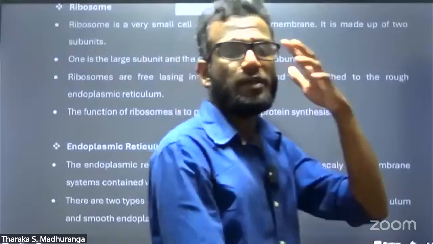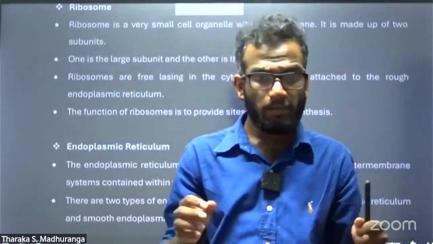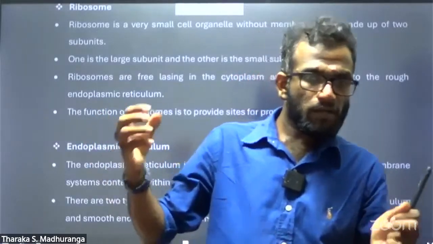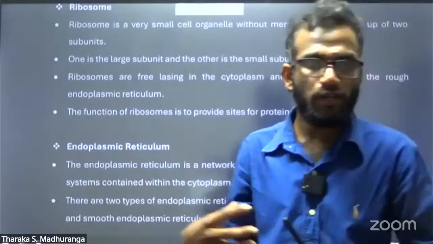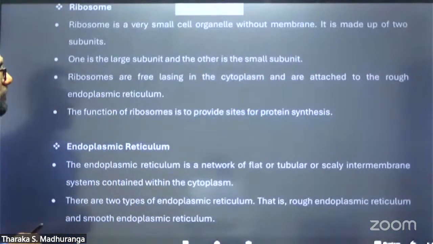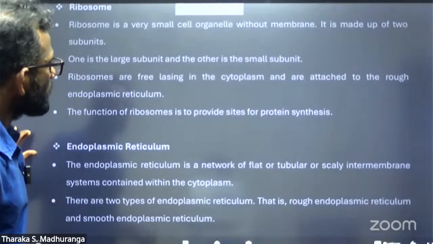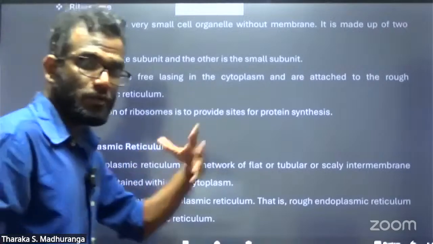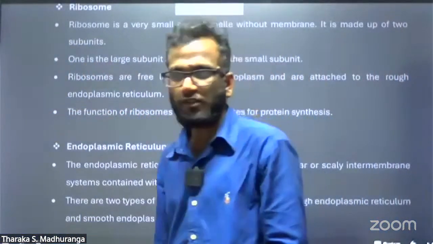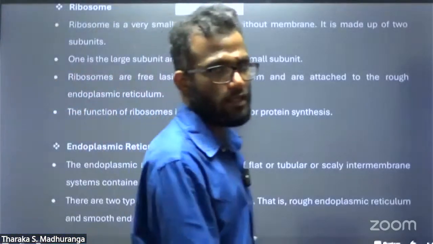Some ribosomes are freely available in the cytoplasm, while the matured ones are attached to the rough endoplasmic reticulum. The function of the ribosome is to provide space for protein synthesis. The protein synthesis reaction takes place within the ribosomes.